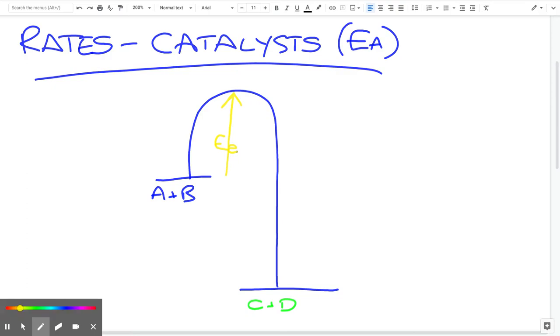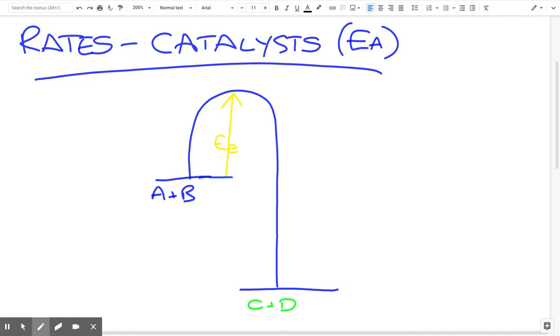So how can we use this in order to affect, as we've done with all of the other variables we've looked at, the rate of reaction? If we were to look at this diagram and try to affect it to change the rate of reaction, what we're not doing is changing the number of collisions, because we're going to keep the concentration the same, the pressure the same, and arguably the temperature the same.